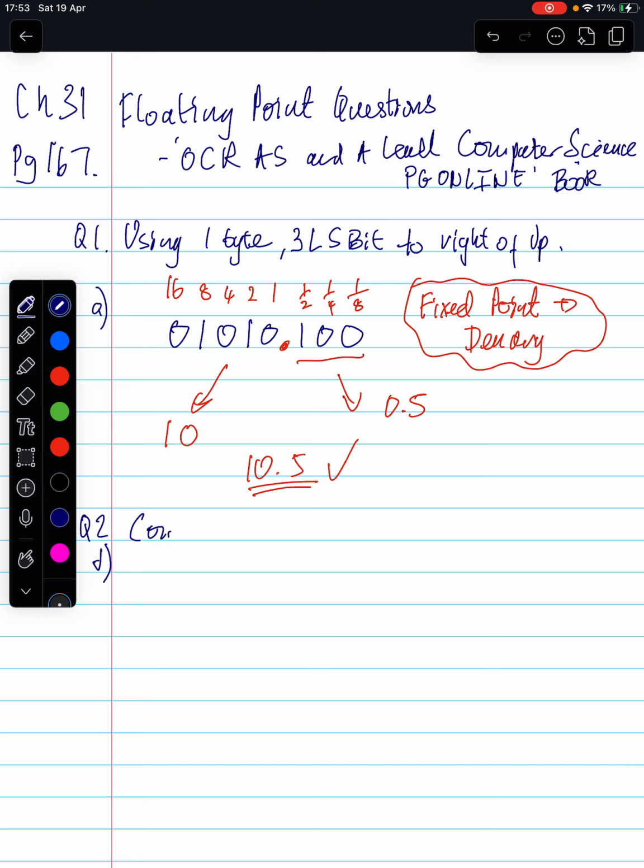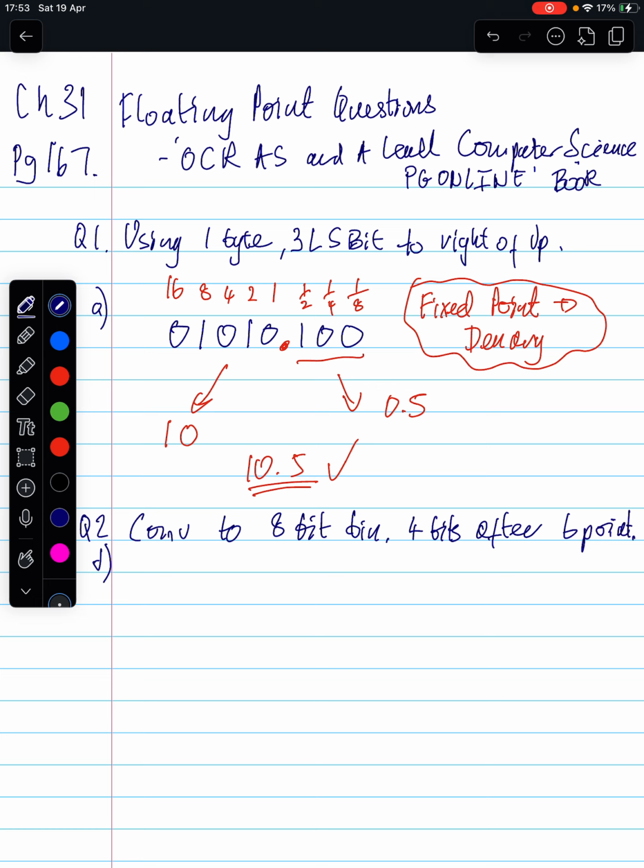So we need to convert to 8-bit binary, four bits after the binary point.